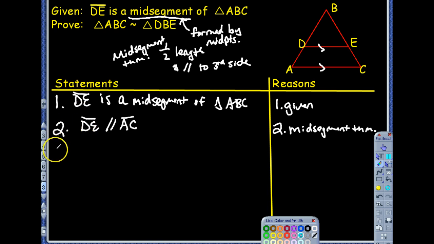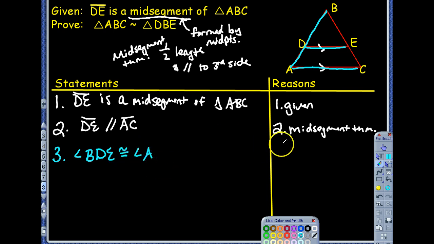All right, well, I'm looking at that picture, and I see that both of those segments intersect two different transversals, both of those sides. So that essentially means that I'm going to have a couple different things I could say. I could say, with that transversal there, that angle BDE is congruent to angle A, and that's because of the corresponding angles postulate, because they're corresponding angles.